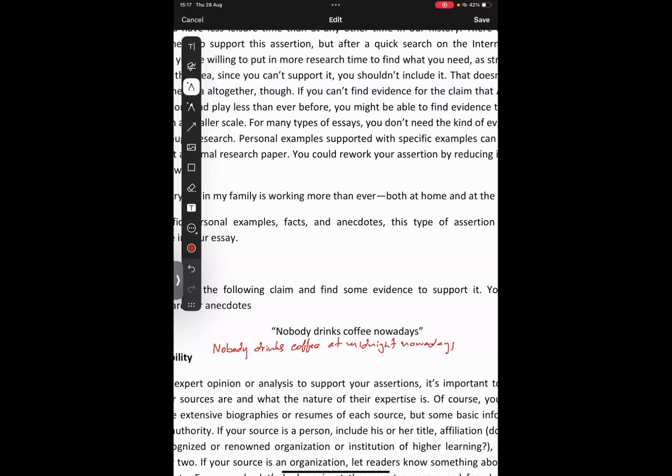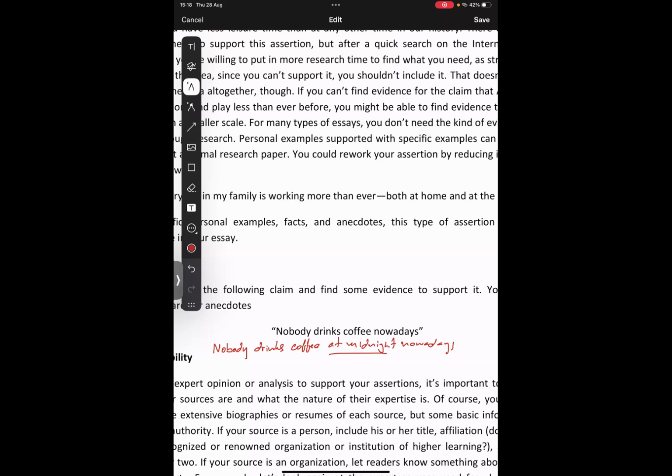How could you say that no one drinks coffee? Because coffee is everywhere, right? It's one of the most popular drinks in the world. But by adding at midnight, nobody drinks coffee at midnight nowadays, this is more likely to be true, given the fact that coffee keeps you awake, and by drinking it at midnight, you have a hard time going back to sleep. Okay. So this is one way to do it.